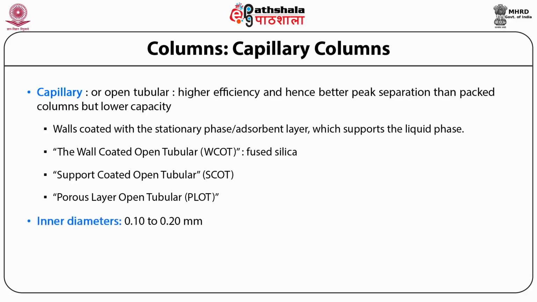Now the inner diameters of capillary columns range from 0.1 to 0.2 millimeters. The lengths can go up to 105 meters, although there's a wide variety available depending upon the kind of sample you intend to analyze and the range of resolution that you desire.